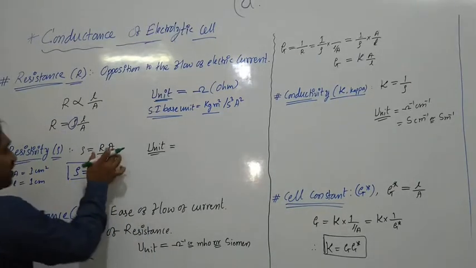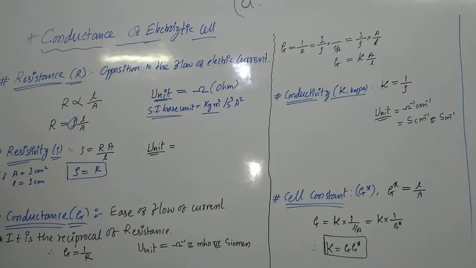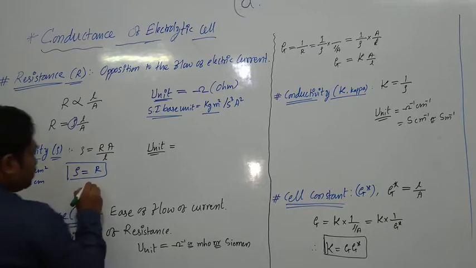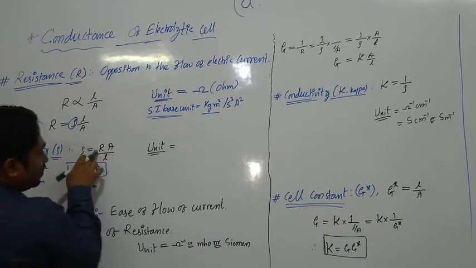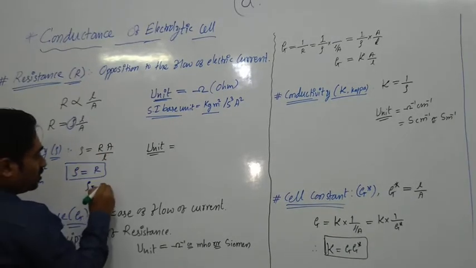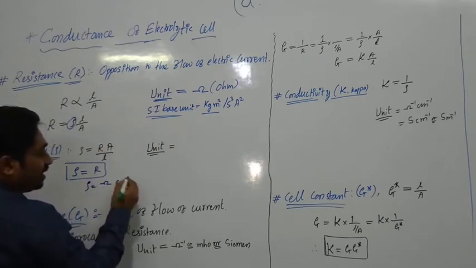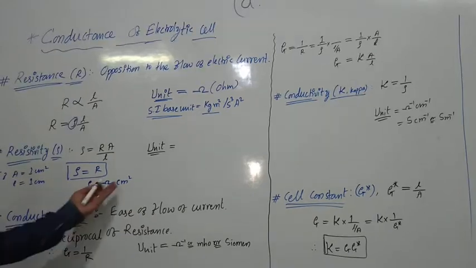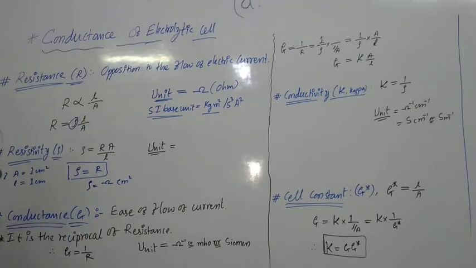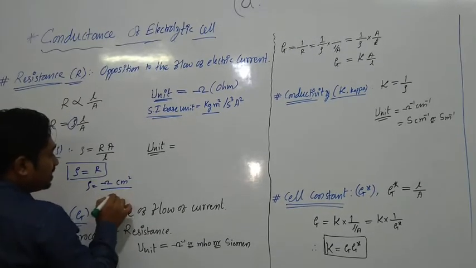Then what is the unit of resistivity? Let us fill in the values. The unit of R is ohm, the unit of area is centimeter square, or we can use meter square, and length is centimeter.